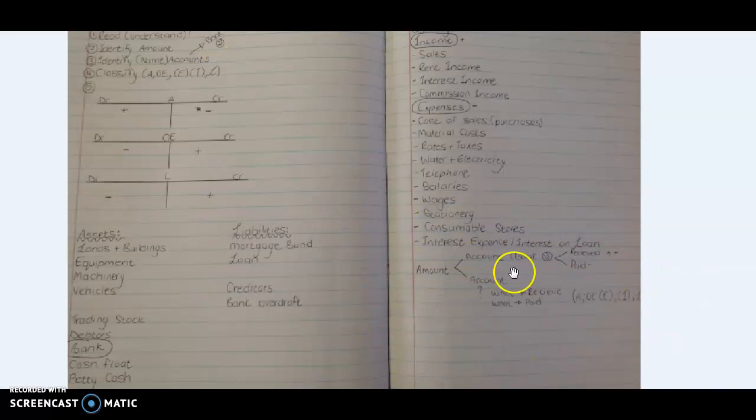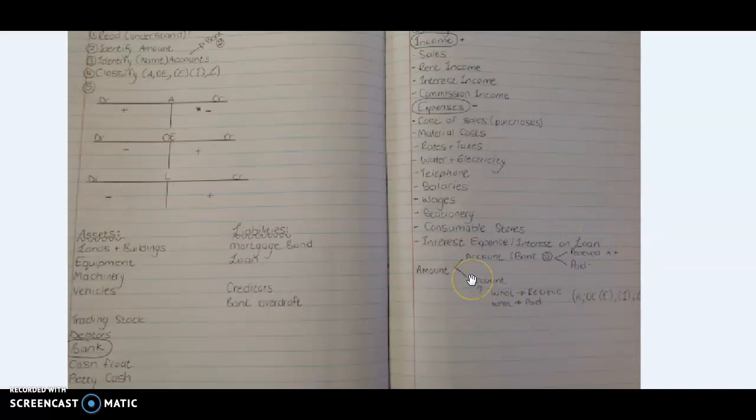So is the account the bank? On the bank statement, have you received it or have you paid it out? And what is the other account? If it's anything other than the bank, have you received it or have you paid it? And then you identify, number 4, classify the name of the accounts. Here we go. Then you will classify it there as well.